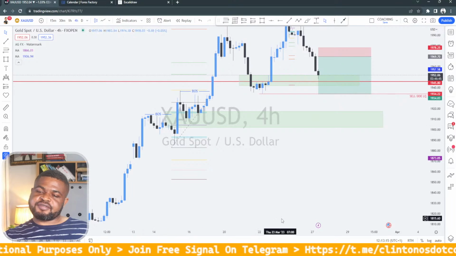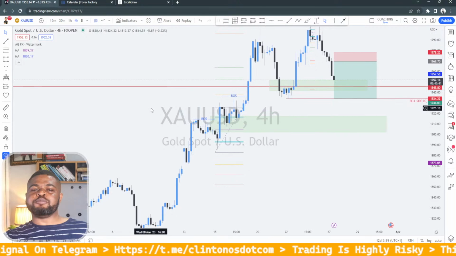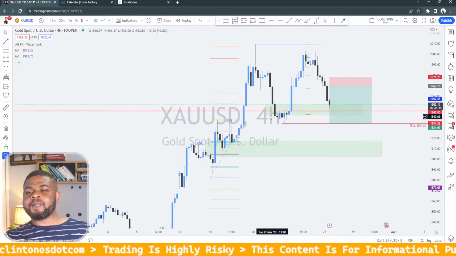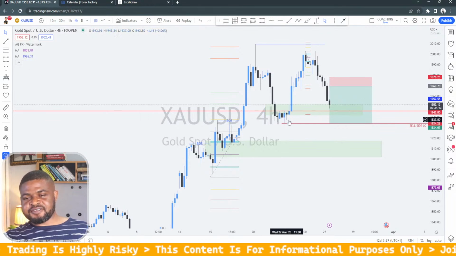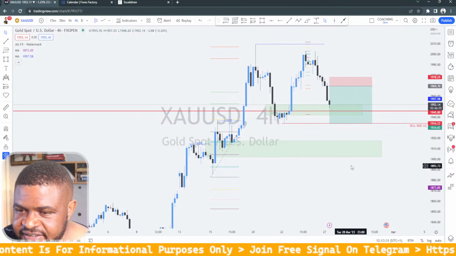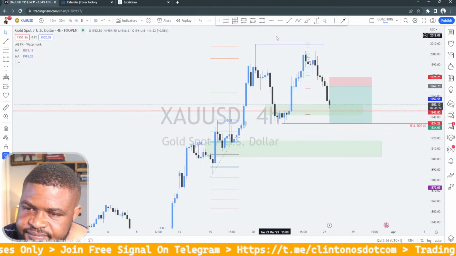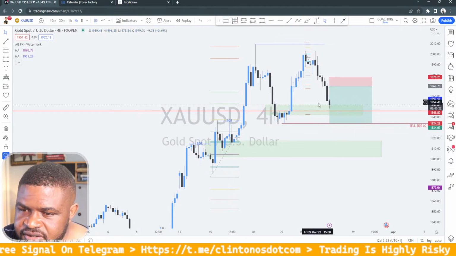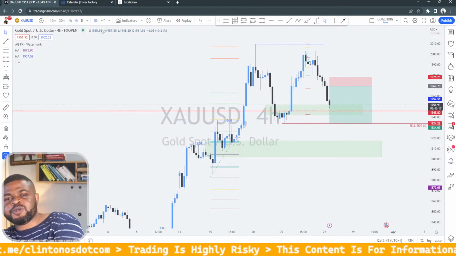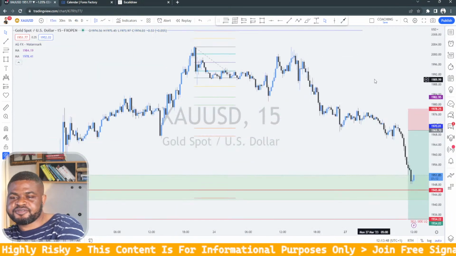So the order here must be very significant to have been able to move price from year to year. But I can't see that for here. So I believe price might likely take this liquidity and retest this. At least that's what I'm thinking. I might be wrong, of course. I'm not even trying to prove to be right. This is not a question of being right or wrong, right? Just basic logic.